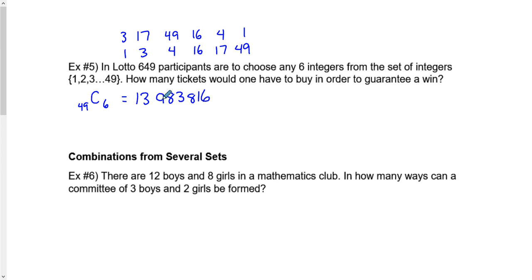And of course, you do get prizes depending on whether you get 4 numbers correct or 5 numbers or all 6. But if you're going for just the grand prize, you would need to buy almost 14 million tickets. Now, my extension that I love doing is talking about what's the cost. If you want to guarantee your win, I believe that the tickets are all $5 apiece.